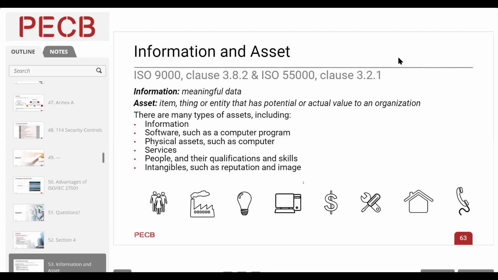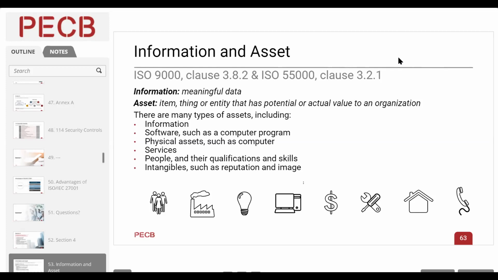From a general information security perspective, we are looking at information assets holistically, which includes anything to do with data processing.